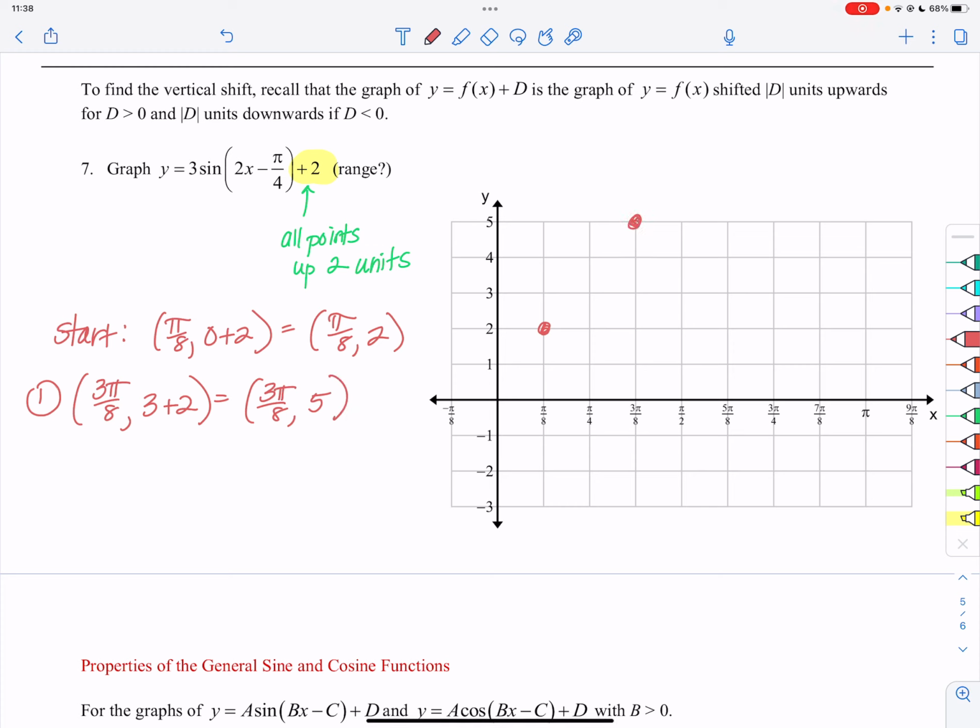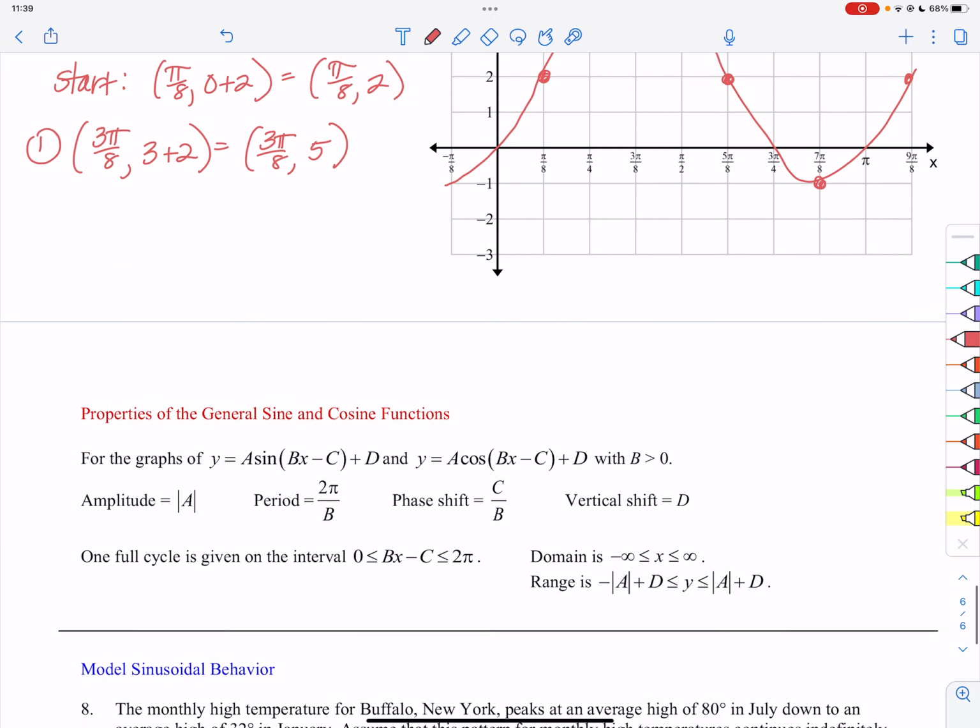And so forth. And you can just go ahead and finish that and check that out, and you'll see that this graph looks like that. Okay, let's now just talk about the properties of the general sine and cosine functions.